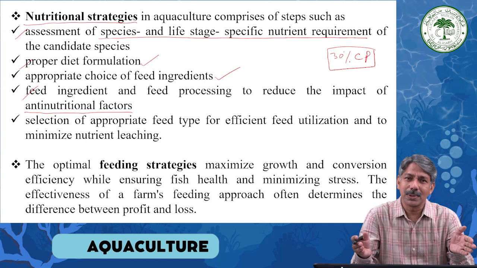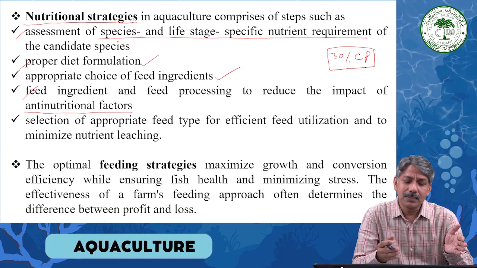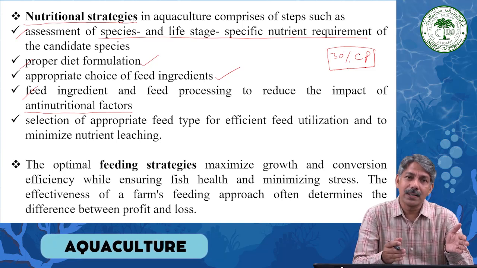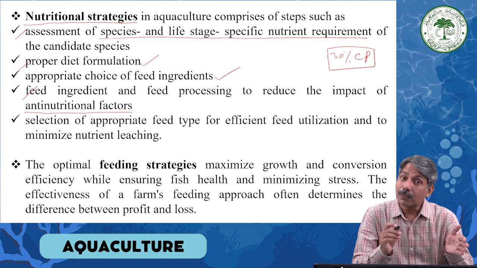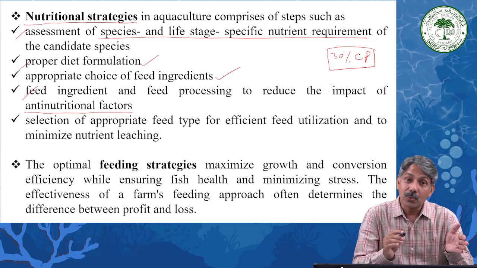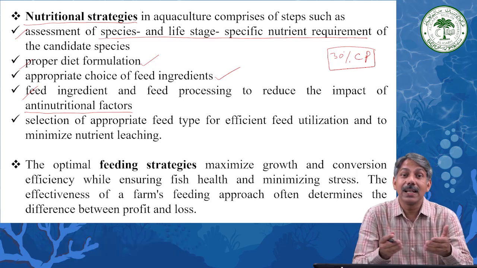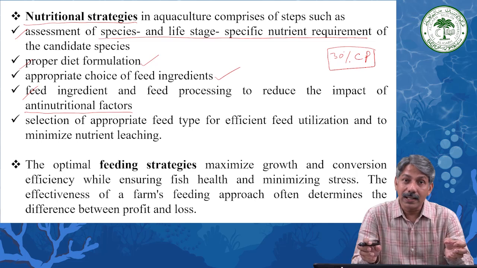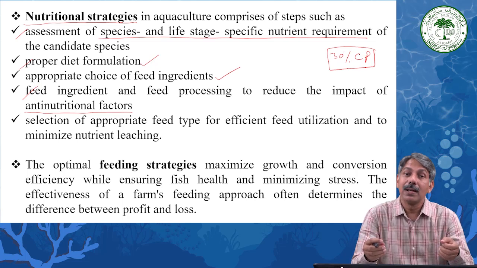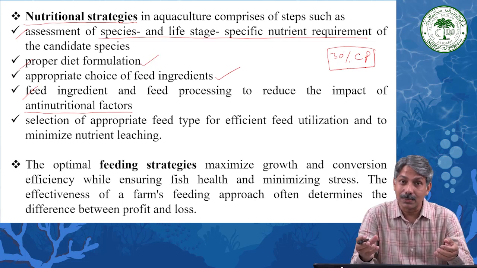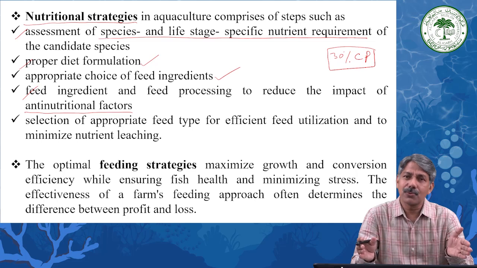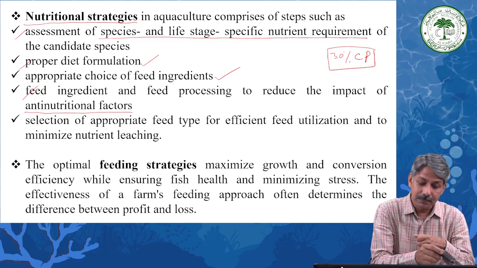There are many other examples that I can give, but the point to note is that your feed should have all the nutrients in easily available form. The feed should have good digestibility. If you take care of all these factors, then you will get good results.